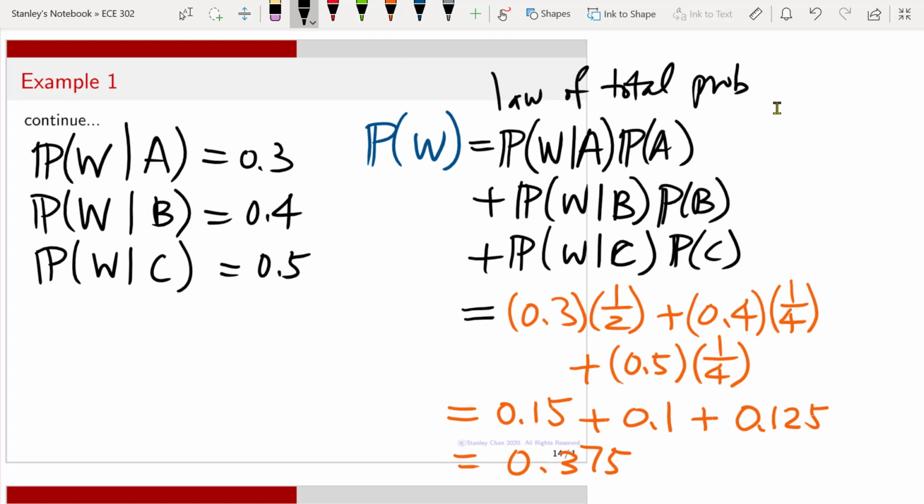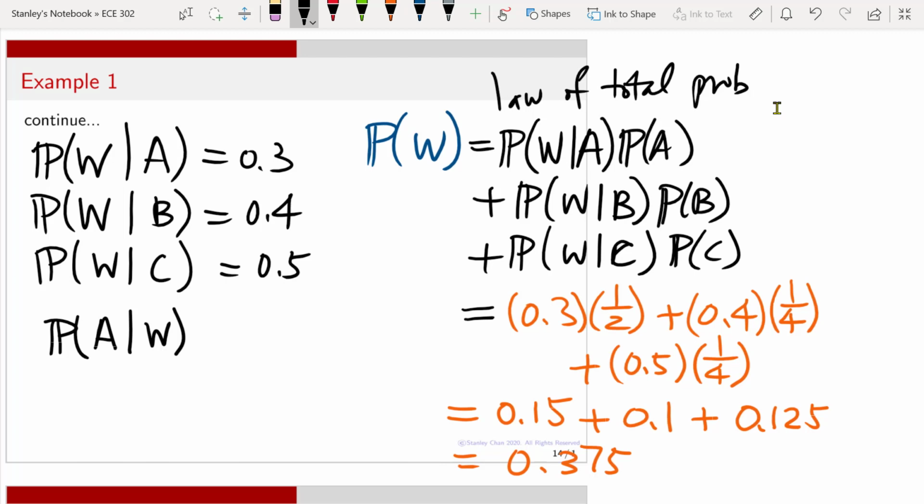Now, we can also ask another probability, the probability of A given W. What is the meaning of this probability? This is the conditional probability that suppose you have won the game, and then someone asks you, what is the chance that you actually played with A?